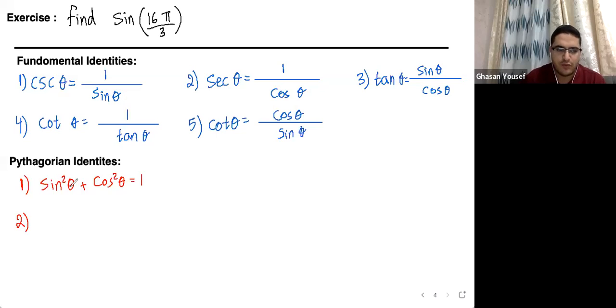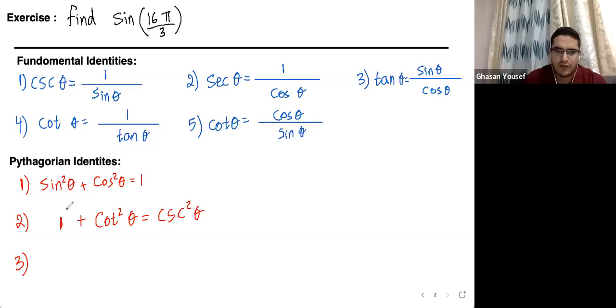Number 2, if you divide the whole equation by sine square, you will get 1 plus cosine square over sine square, which is cotan square of theta, equals 1 over sine square, which is cosecant square of theta.